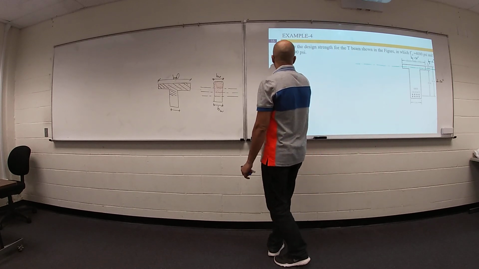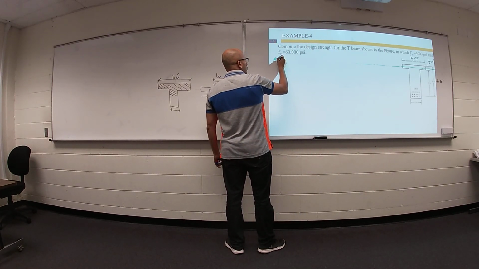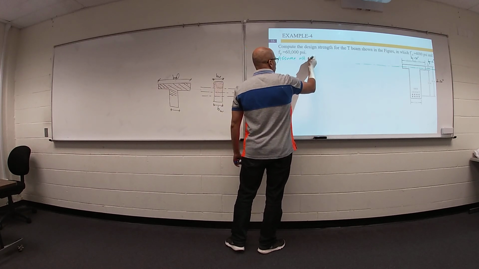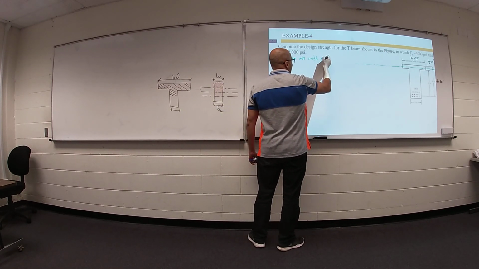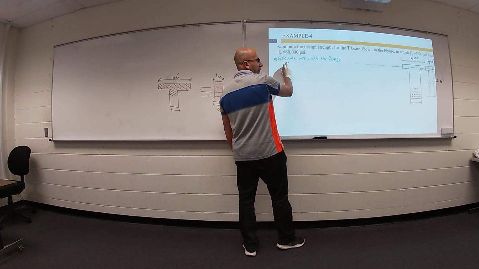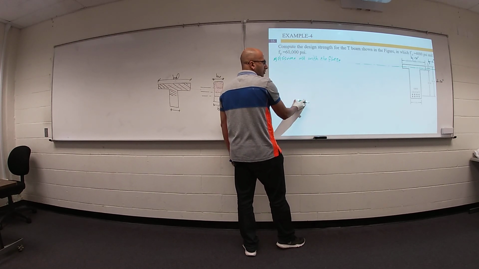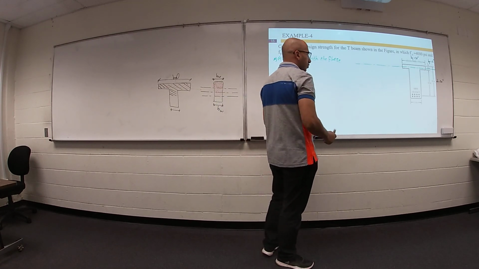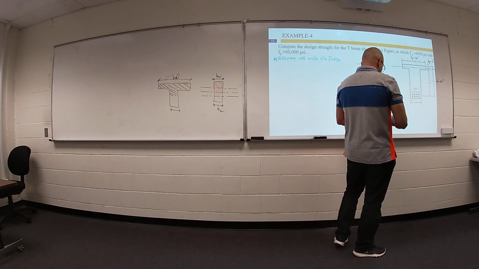So please say, assume neutral axis within the flange. It's an assumption, and I will do my calculation based on this assumption, and I will check if my assumption is correct or not.